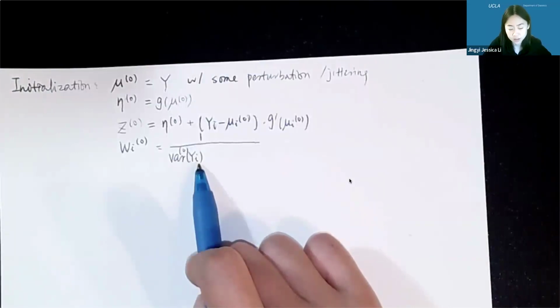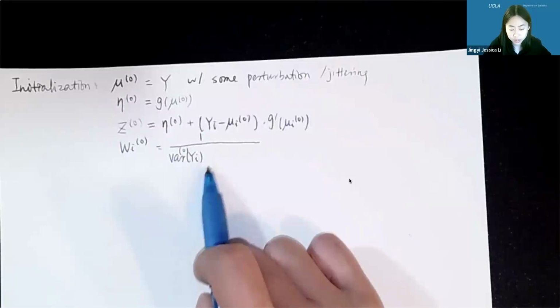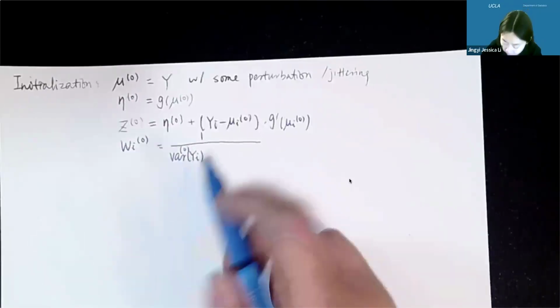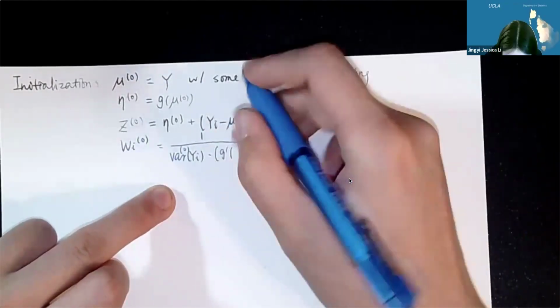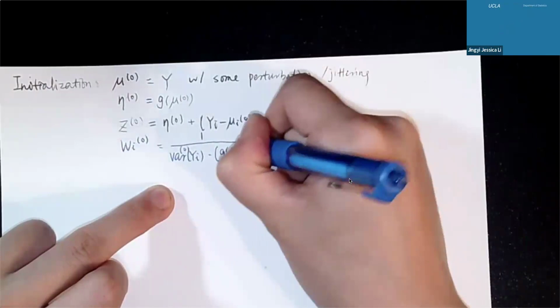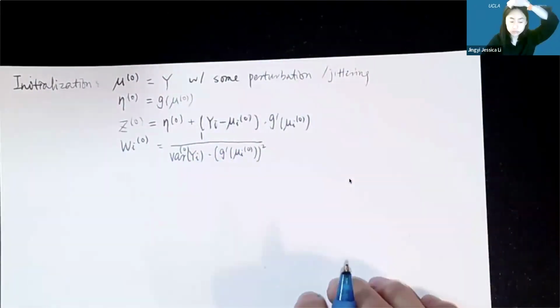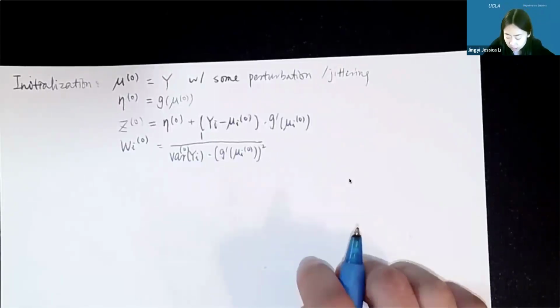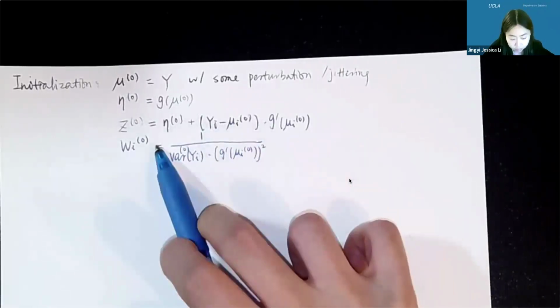If it's Poisson, then it's just mu I. So for a specific distribution, this variance of yi will take different forms in terms of the parameters. And we have this G prime mu I 0 squared. That's the weight. Okay, so we have mu 0, eta 0, Z0, the working dependent variable, and the weight.